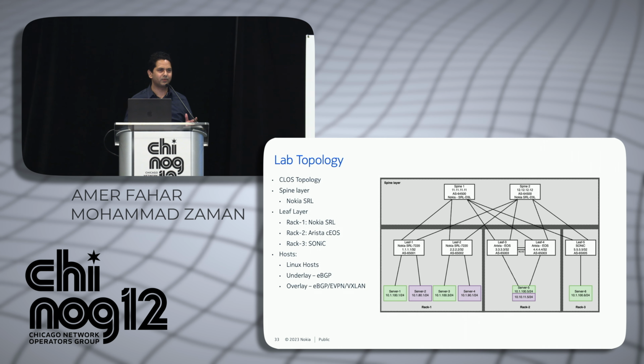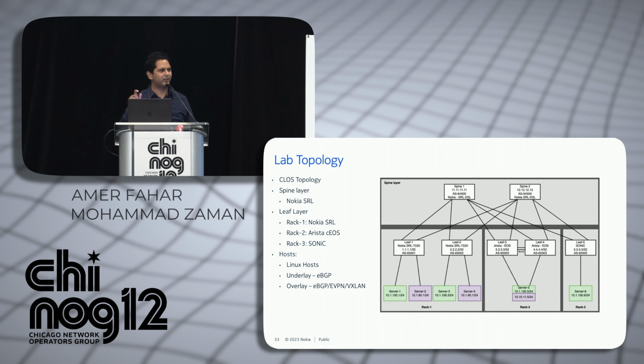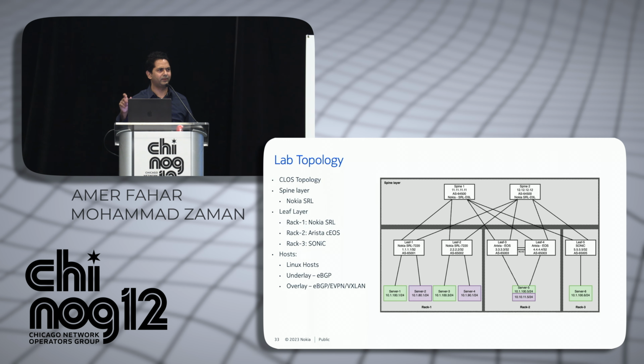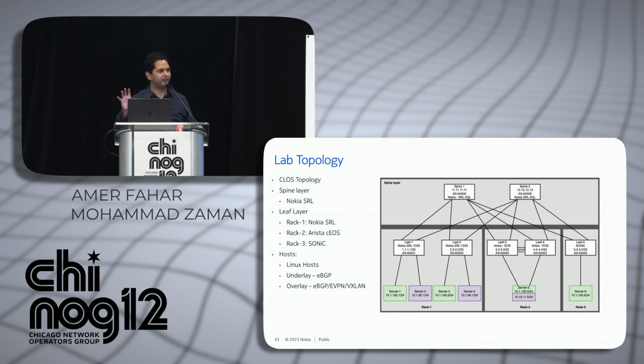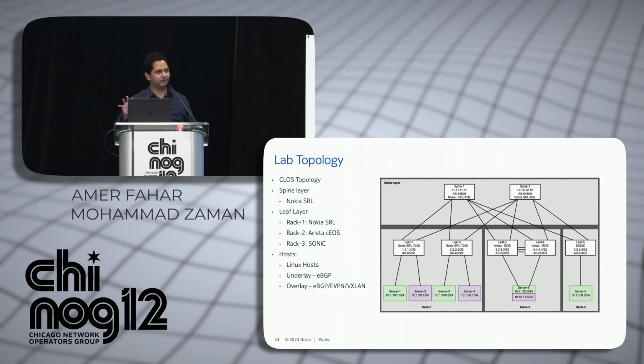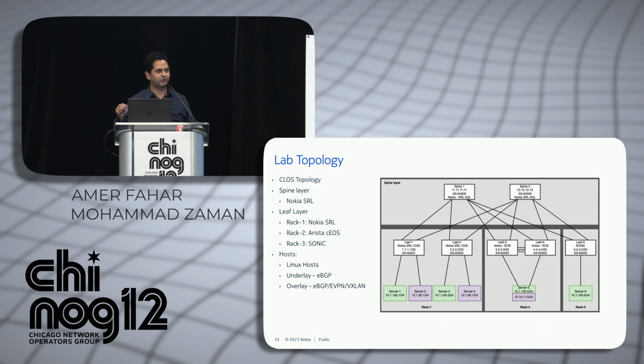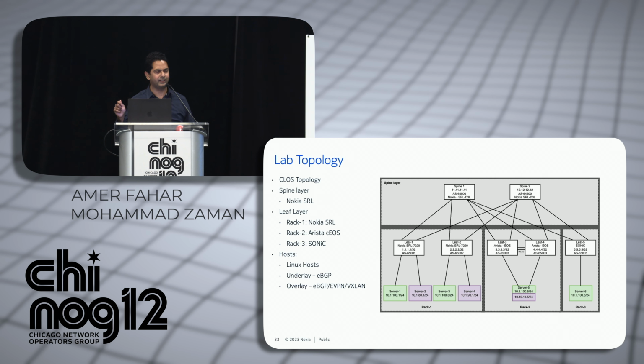In terms of the lab itself, there are some activities. We're doing a typical traditional data center two-tier design, spine leaf. The spines are SRL. The leaves are a variant of SRL, Arista cEOS, and Sonic.